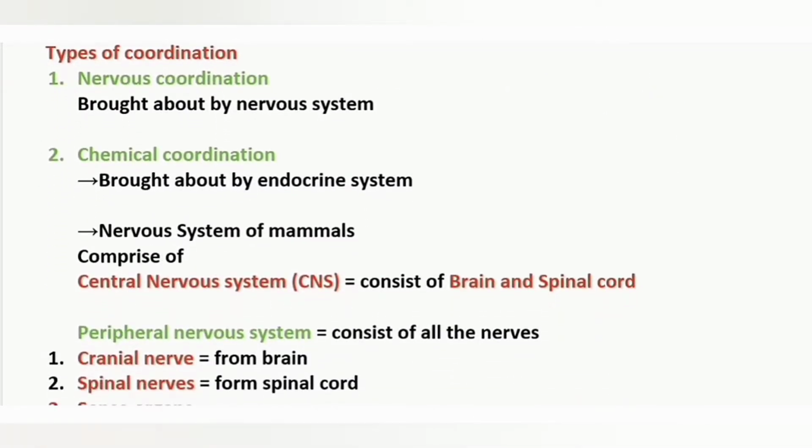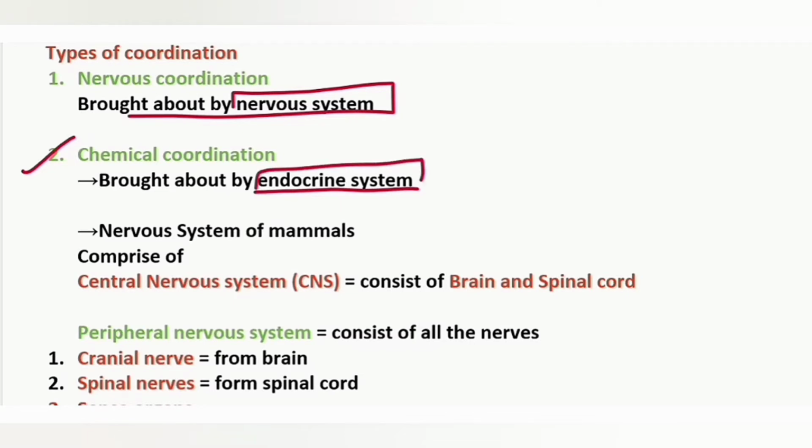The nervous coordination is brought about by the nervous system. The nervous system further consists of the central nervous system and the peripheral nervous system. The second type of coordination is chemical coordination, which is brought about by chemicals secreted by the system of all the glands in our body, which we call the endocrine system, right?